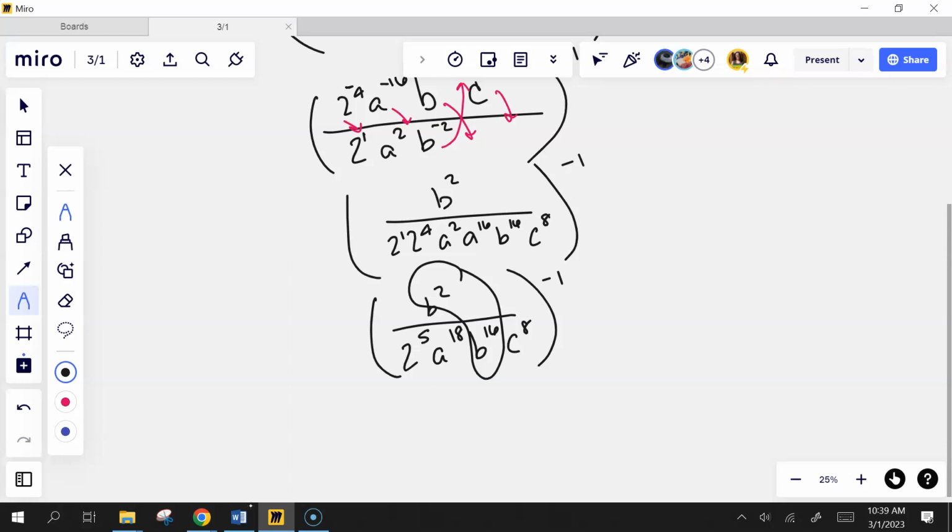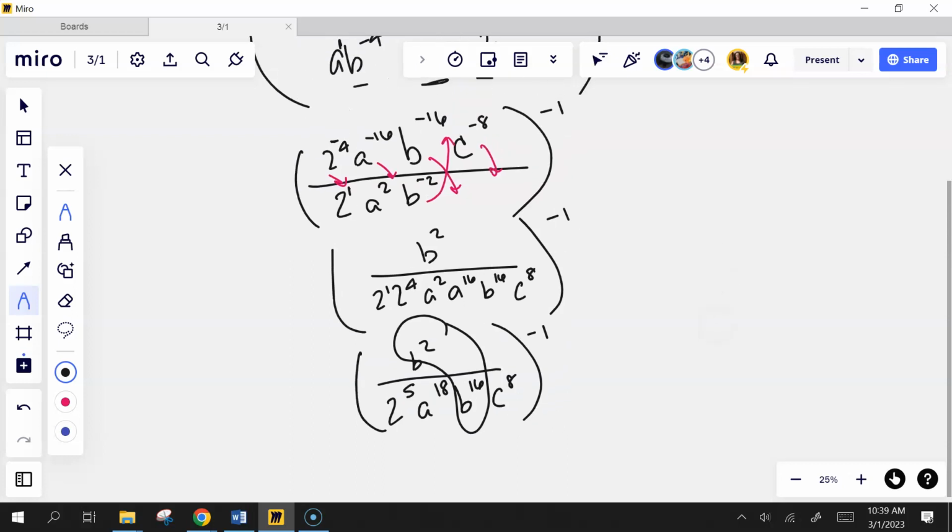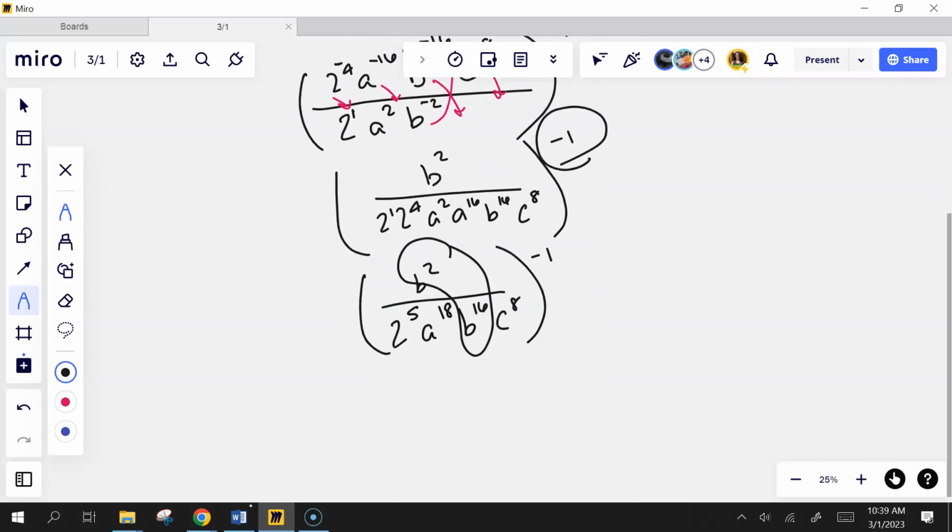You don't have to. There are multiple ways to do these. I always move them. Maybe you cleaned it up and left the negatives because you knew this was a negative out here, and a negative times a negative is a positive, and that's fine too. I end up with 2 minus 16 is 14, right? But negative 14 in the top. So it leaves me with 1 over 2, A to the -18, B to the 14, C to the 8.